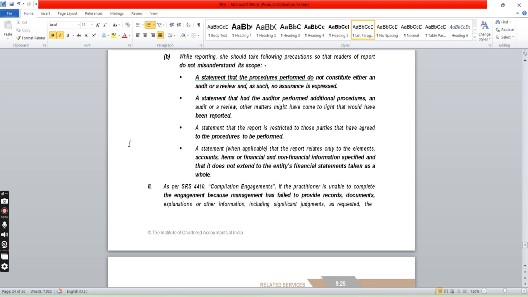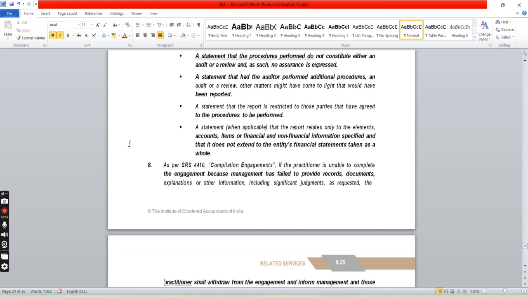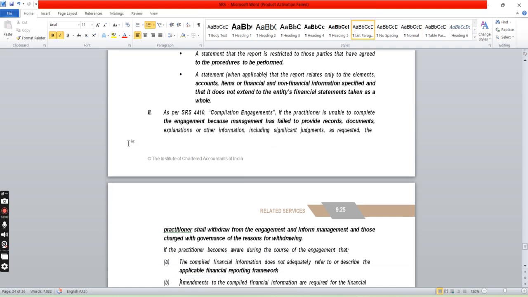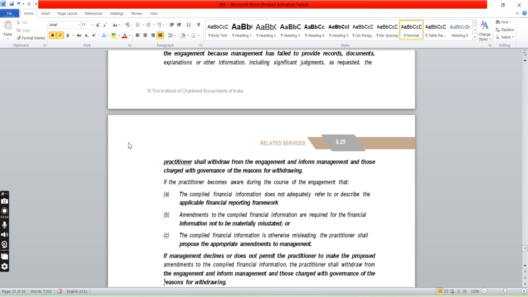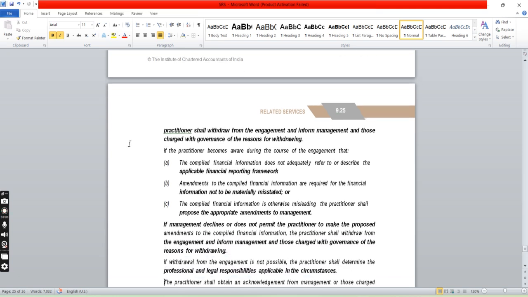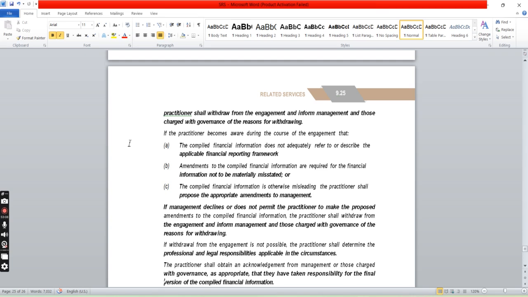As per SRS 4410, compilation engagement: If the practitioner is unable to complete the engagement because management has failed to provide the records, documents, explanations, or other information including significant judgments as requested, the practitioner shall withdraw from the engagement and inform management and TCWG of the reason for withdrawing.